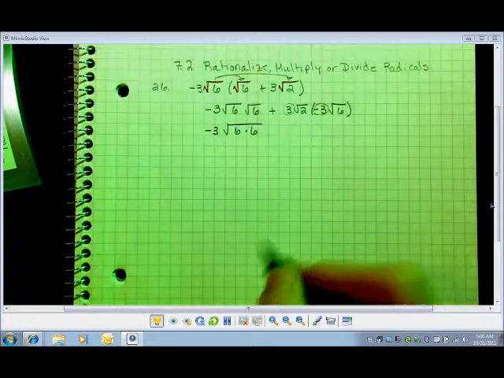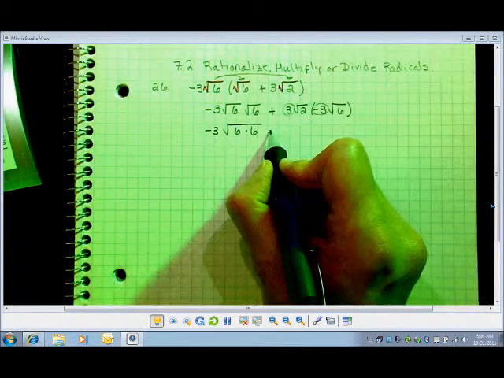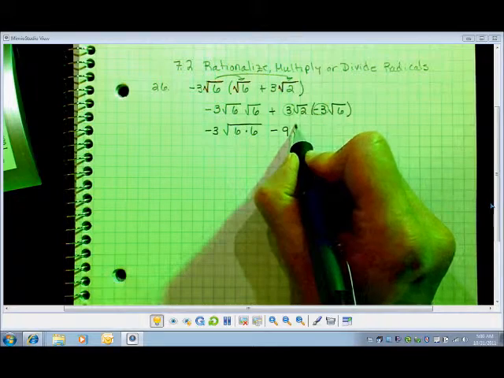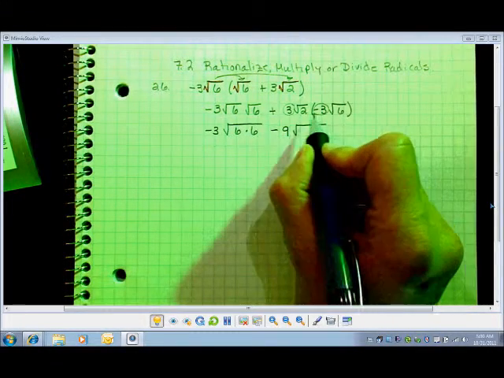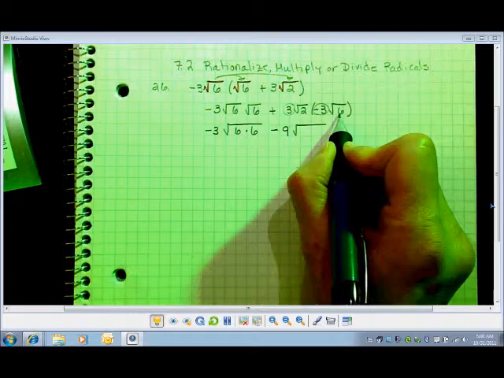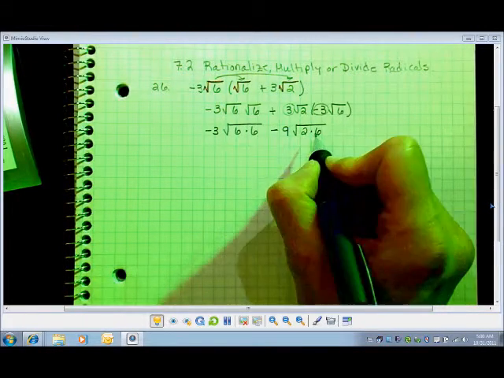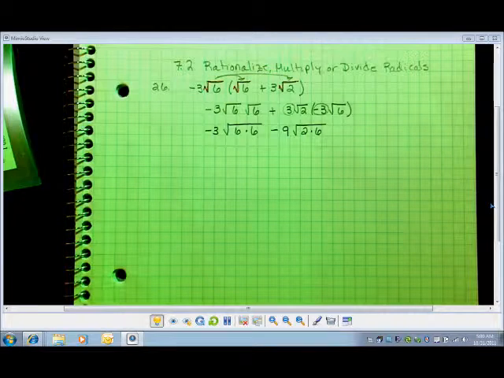So those two can be multiplied together, so that gives me -9. And then I have the radical square root of 2 times square root of 6. So I can put both of those underneath the same radical.